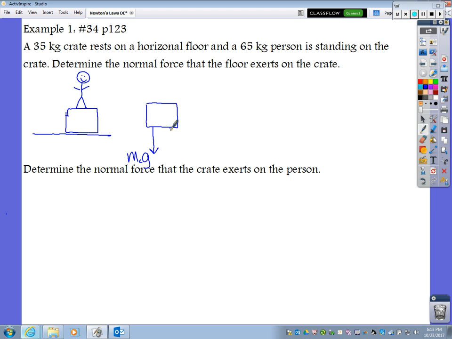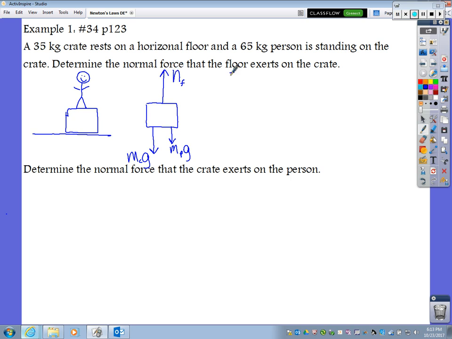We've got the person standing on top of the crate, pushing down on the crate. That is mass of the person times g. And then we've got the normal force of the floor pushing up on the crate. That is normal, I'll say, from the floor. And we want to know that normal force from the floor.